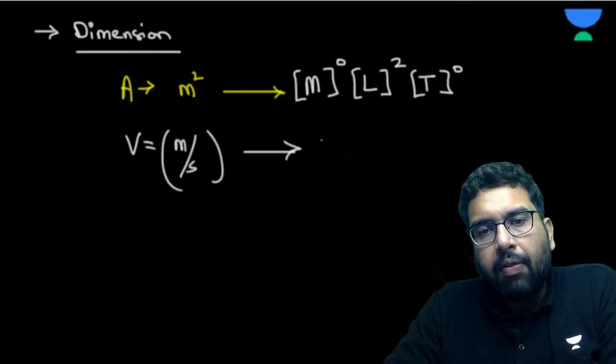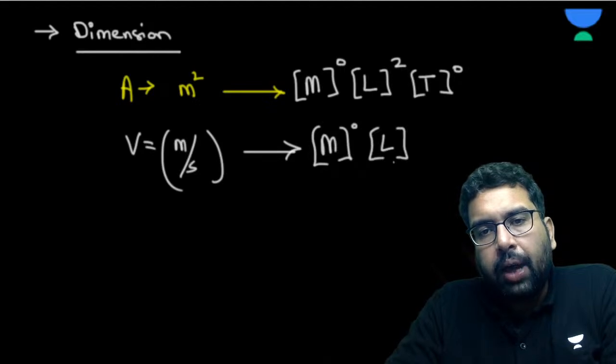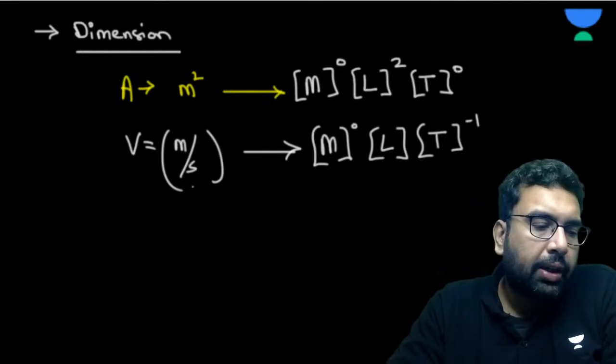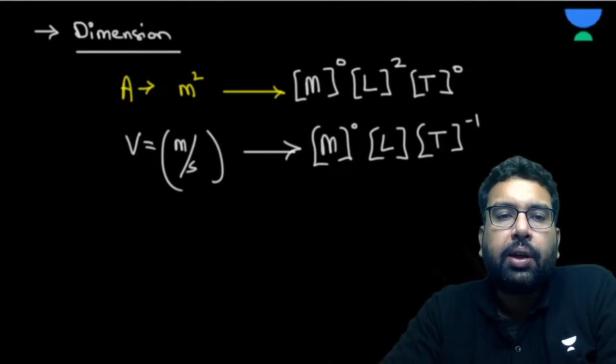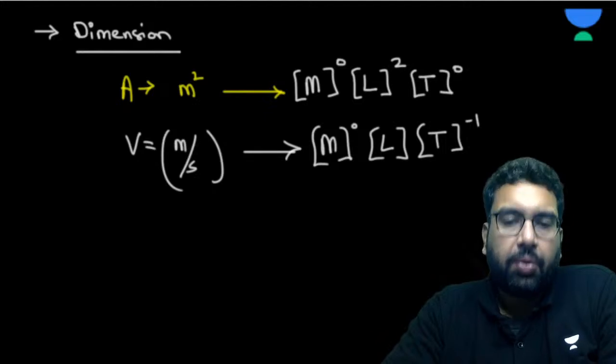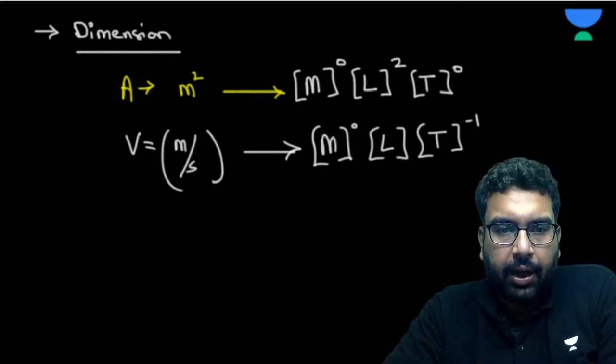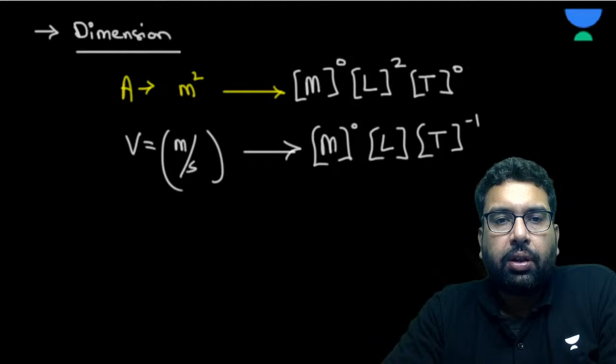So how can I represent it? Mass 0, length 1, and time is T to the minus 1. This is how you represent the dimension. In the same way, you can represent the dimension of any of the physical quantities, which helps you understand the physical world.